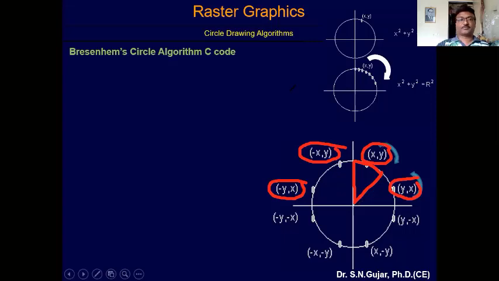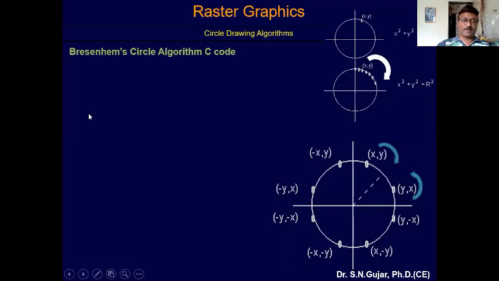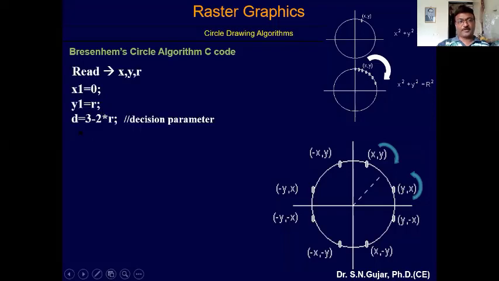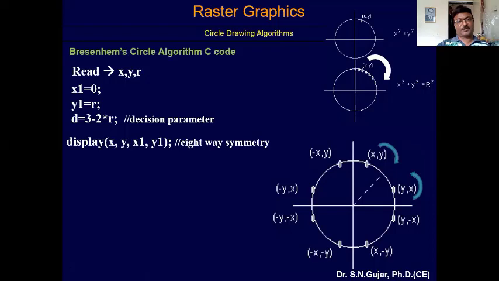Now we can start. I am going to explain the simple C code. Here read x1. x1 is equal to 0, y1 is equal to r. That is my starting point. My decision parameter is 3 minus 2r. Go for the display function, that is for my 8-way symmetry.